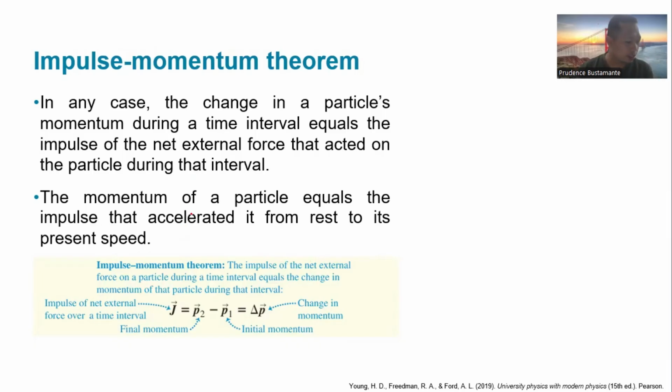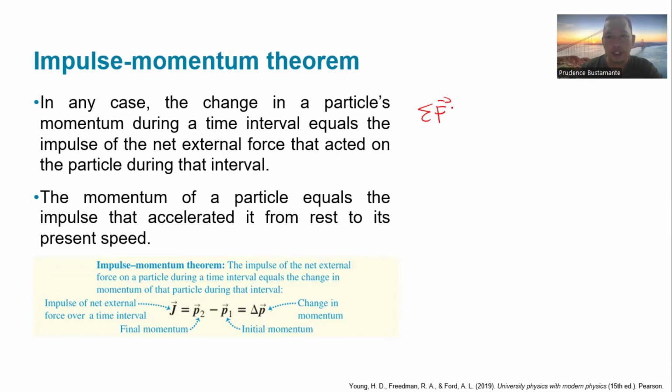Do we need to derive this one? The impulse J of the net force over a time interval is just equal to the change of the particle's momentum, meaning the final momentum minus the initial momentum. Say, for example, a constant net force.